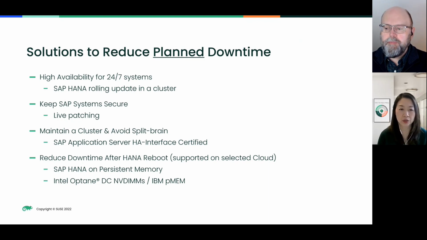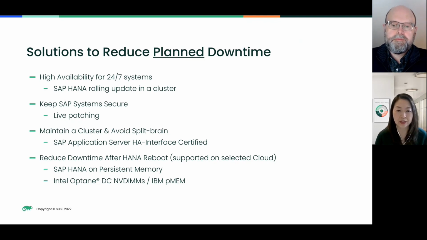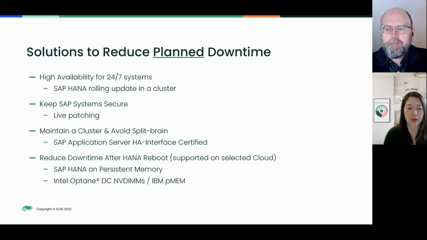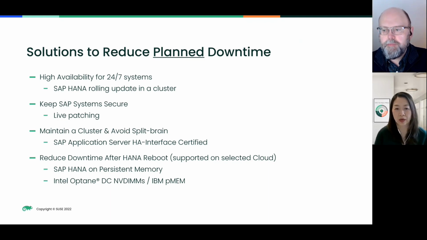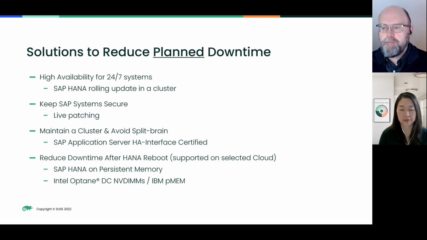The third one is to maintain a cluster and avoid split brain when you have to do the maintenance for the application servers. So for example, ASCS and ERS running in the cluster is a perfect example that can benefit from this SAP Application Server HA Interface certification. And the last one is to reduce downtime after HANA reboot.